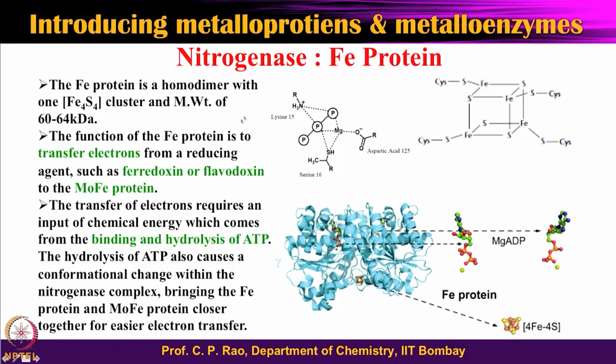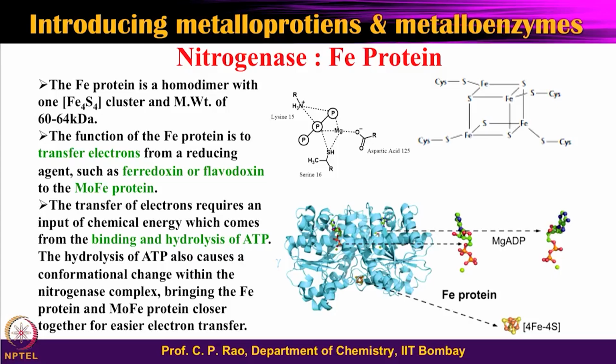Now, the iron protein is essentially a dimer, called the gamma 2, having about 60 kilodalton molecular weight. So, what is the role of this? Its function is to bring about electron transfer, and it uses a reduced ferredoxin or flavodoxin and then passes the electrons to the molybdenum iron protein.